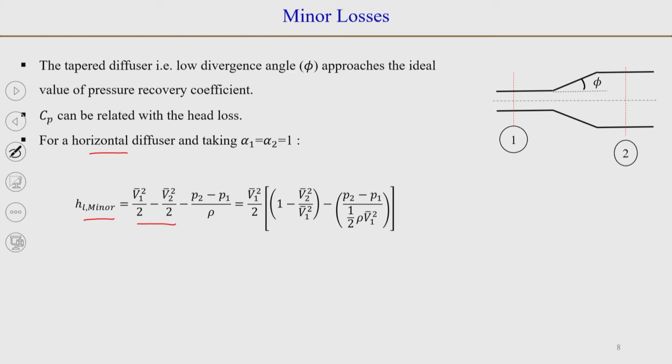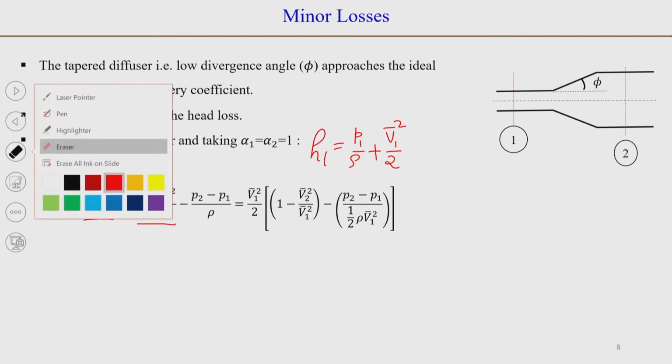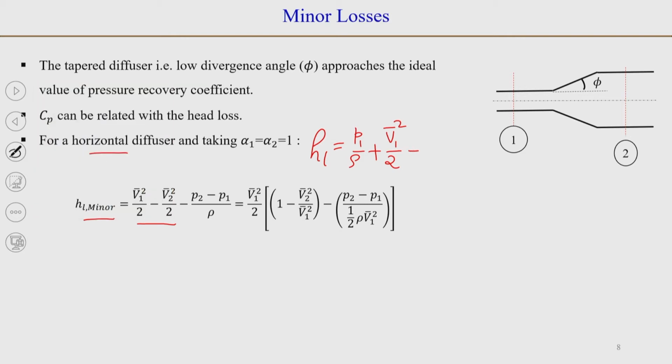If you write this in terms of P2 minus P1, HL is equal to P1 by rho plus V1 squared by 2 plus gZ1, and gZ1 we can cancel out because it is horizontal, so gZ1 will be cancelled with gZ2, minus P2 by rho minus V2 squared by 2.